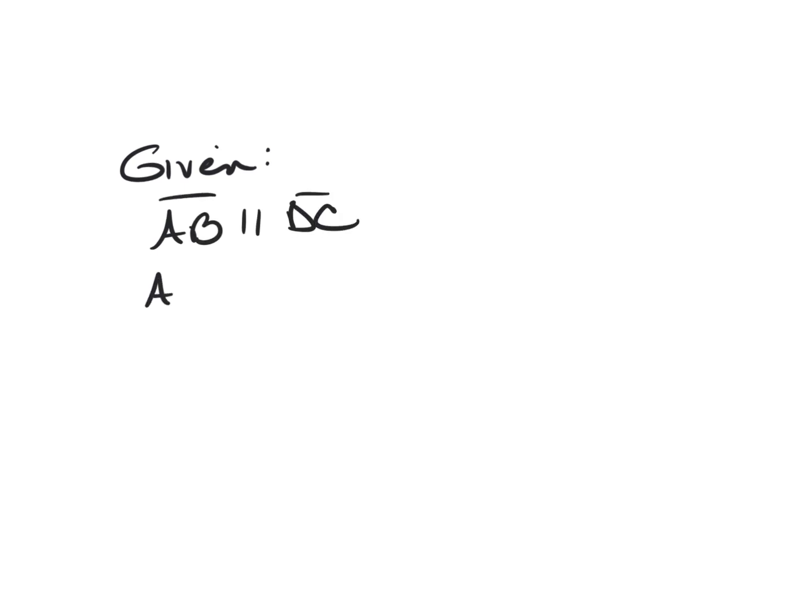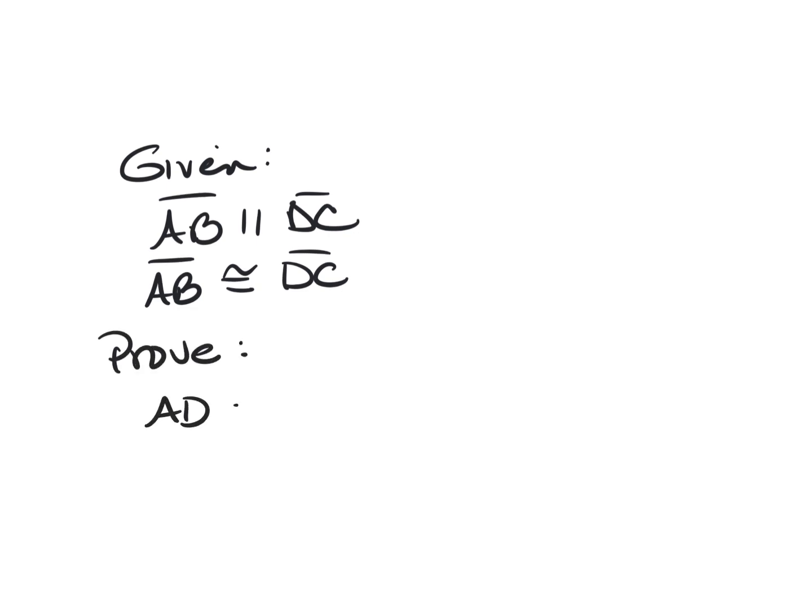Okay, so here's an additional proof. So I'm going to give you, given that AB is parallel to DC and AB is congruent to DC, I want you to prove that AD is congruent to BC.